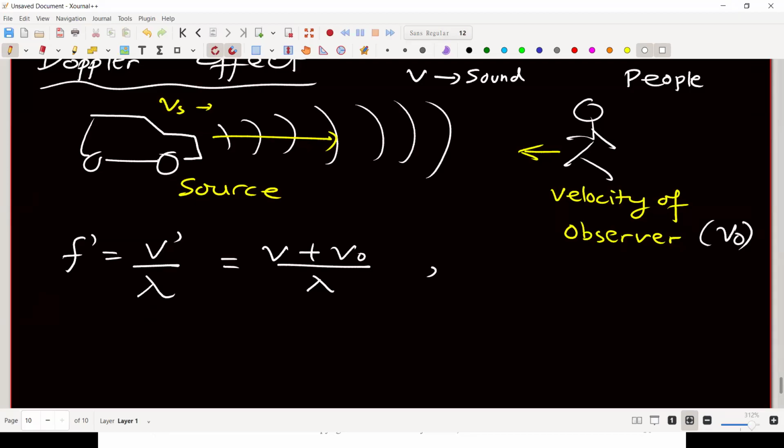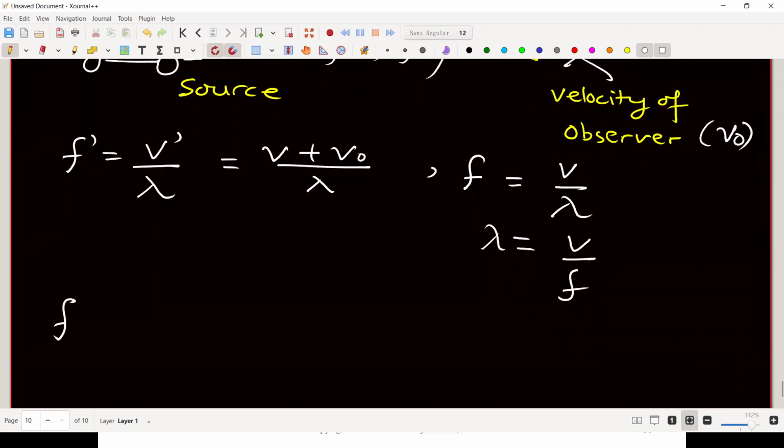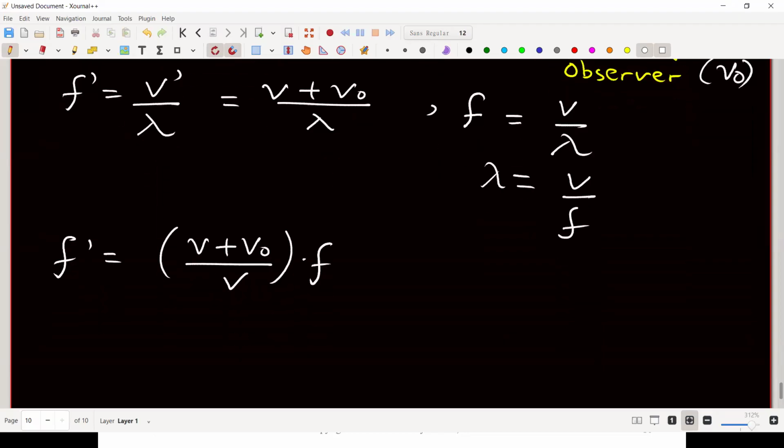But for the regular frequency, it's v divided by lambda, right? So we can take lambda as v divided by the original frequency. So it becomes f prime equals v plus VO divided by lambda. Lambda is v divided by frequency. Or we can write f prime is 1 plus VO divided by v times frequency.